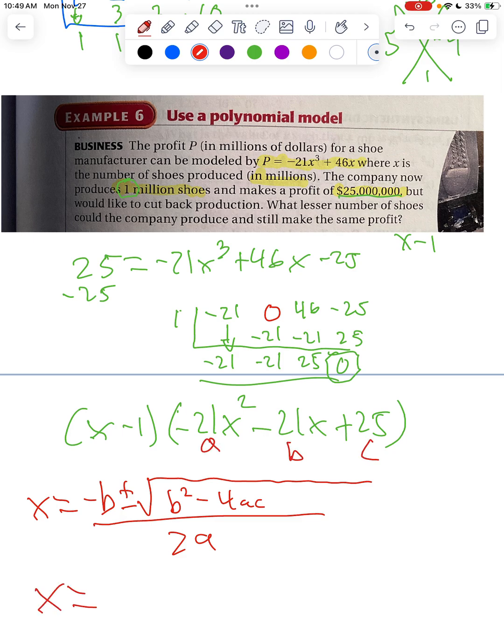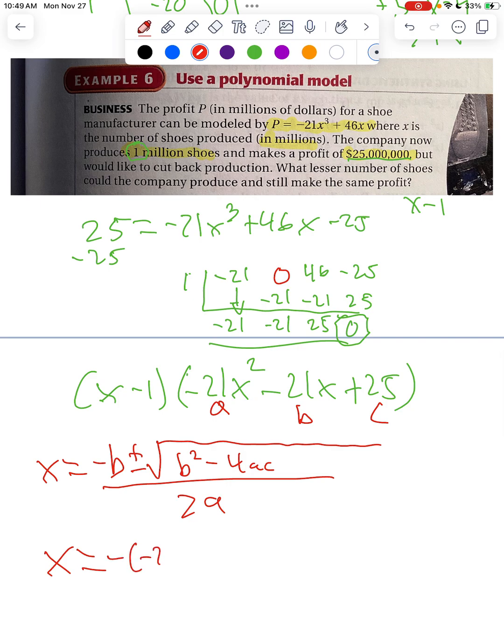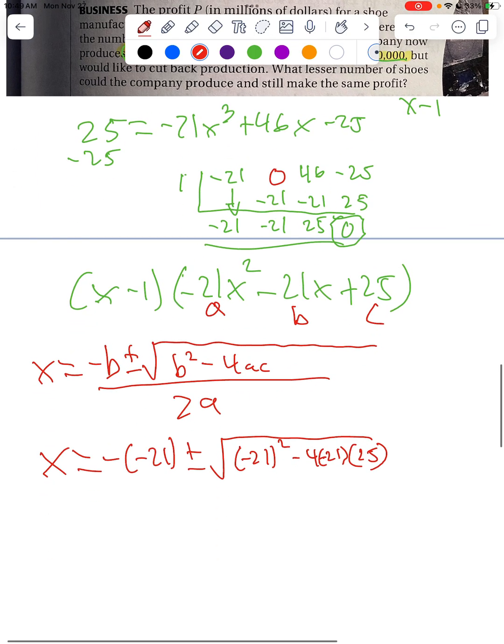And so if we go in and plug it in, negative 21. I'm going to have to use my calculator. And then c is 25, all over 2 times negative 21.